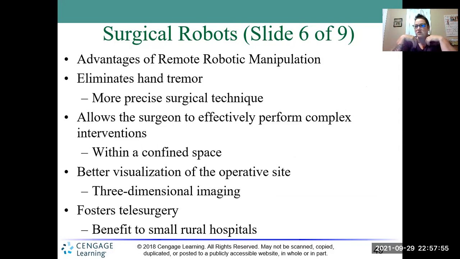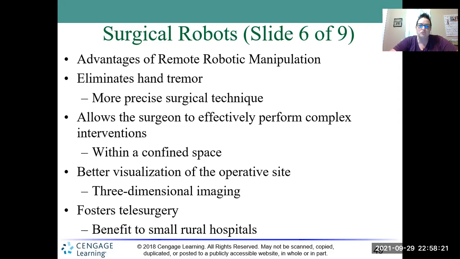Hand tremor is something that's really problematic in surgery, especially when we're looking at doing really precise surgical techniques, such as neuro and microvascular. So the robotics have really been able to come in and provide very stable and precise techniques where hand tremors would always be a problem.